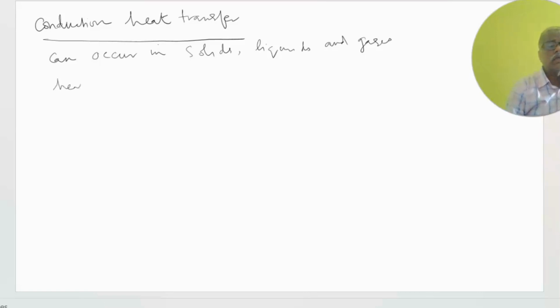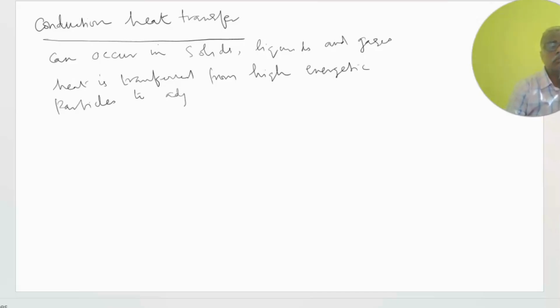The heat is transferred from high energetic particles to adjacent less energetic particles. This is how conduction is defined.